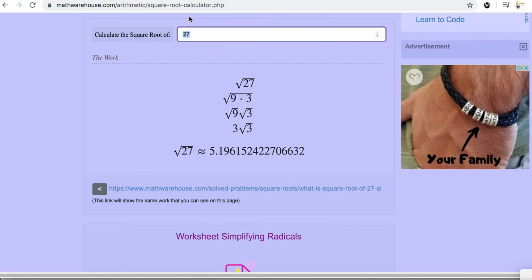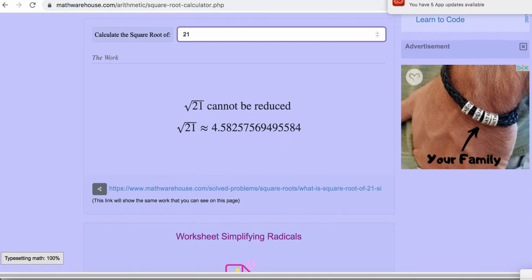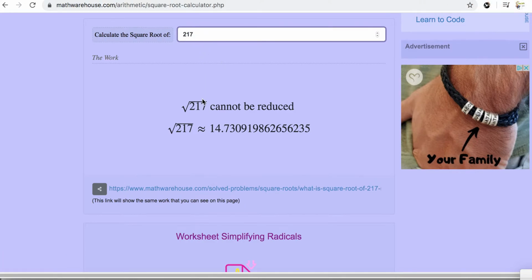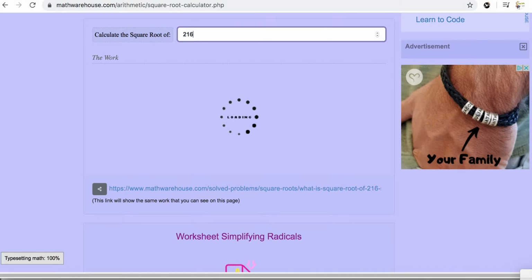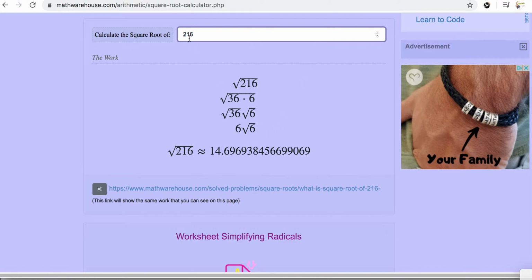So this could be helpful for you guys. Just put in a number here, like the square root of 217. It can't be reduced. Not every single radical can. 216 can be reduced. That simplifies to 6 root 6, for instance.